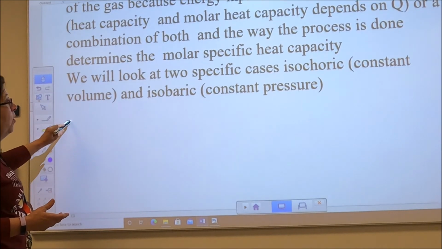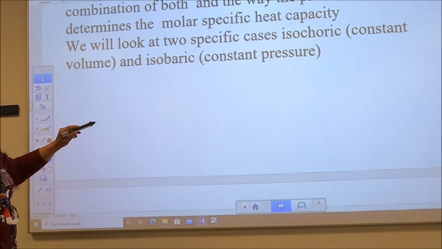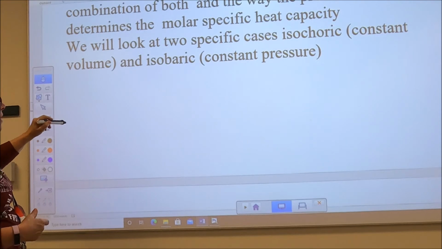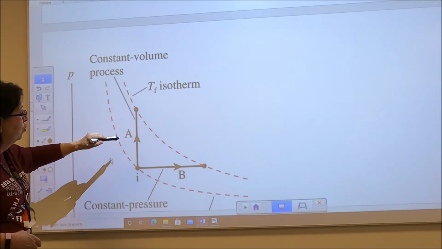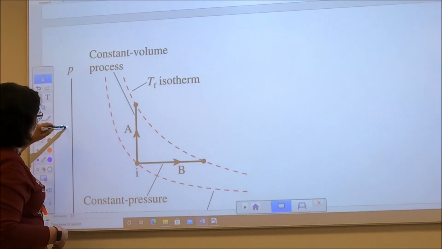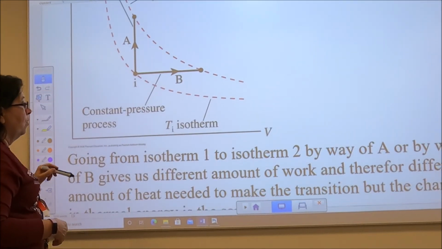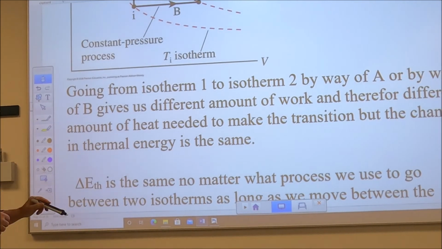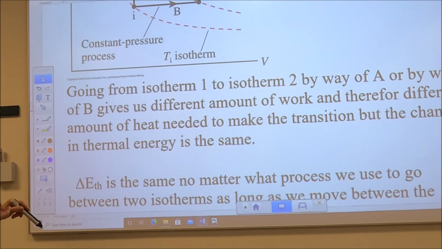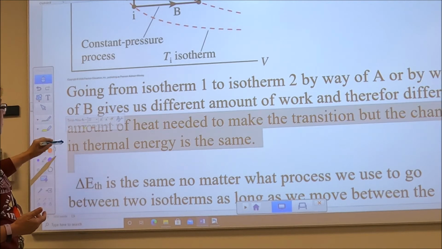And the two most important cases for us right now, and then we're going to add on a third, are the isochoric and the isobaric, which we were just looking at. Isochoric process, isobaric process. So, isotherm 1, isotherm 2, you're always going to have the same change in thermal energy when you move between them.